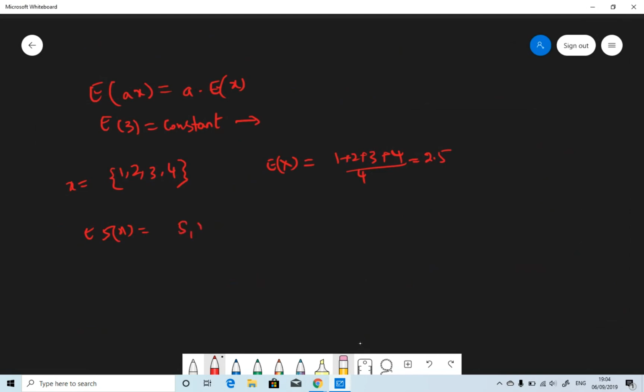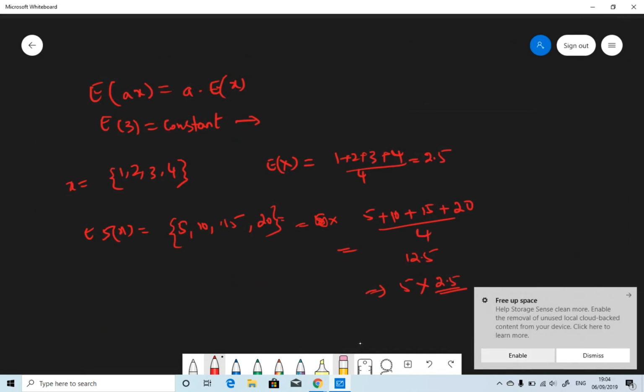This will be 5, 10, 15, 20, right? So what will happen? What is the average of this? 5 plus 10 plus 15 plus 20 by 4 is 12.5. Can I write it as 5 into 2.5?